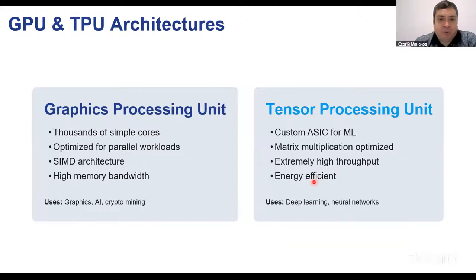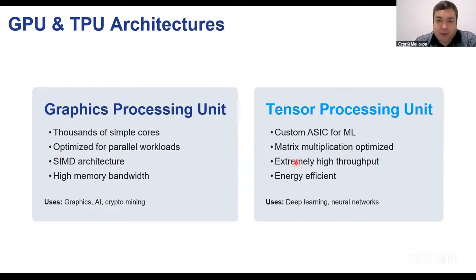Also, we know some special chips like the graphics processing unit or GPU, or the tensor processing unit for deep learning and neural networks. GPU has thousands of simple cores, is optimized for parallel workloads, has a single instruction over multiple data architecture, and has higher memory bandwidth.